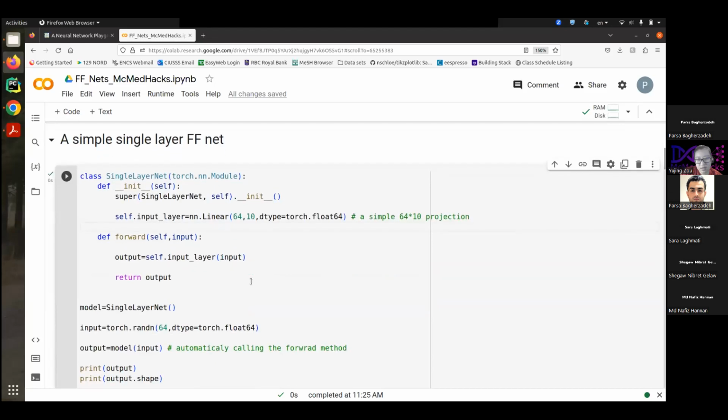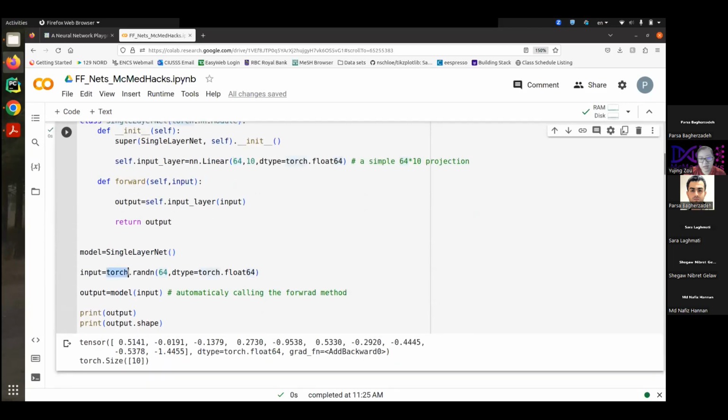I can see that there are some questions on these 64 and 10 that I chose right now. These are again arbitrary values that I chose for my layer. Depending on my problem, these values might differ, and I will explain how to choose these. So these are the values that I chose for the sake of demonstration. The input that I defined is a random input in 64 dimensions.